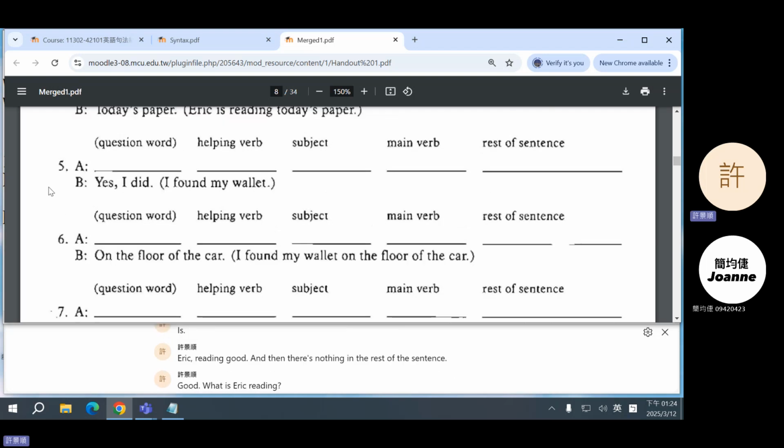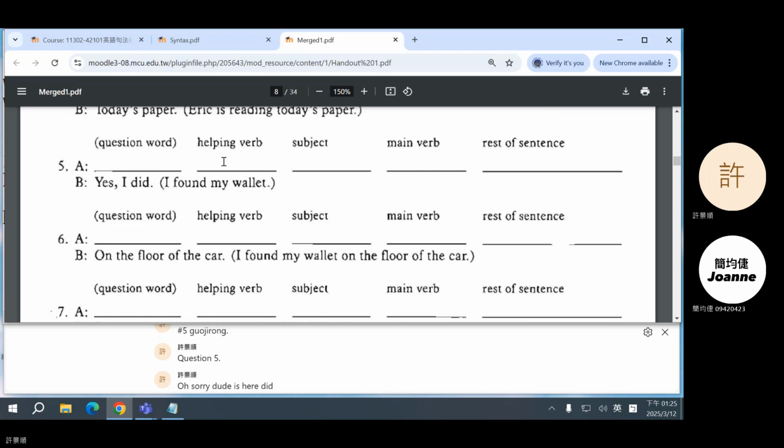Number 5, 郭继荣. Question 5. Did, oh sorry, did is here.